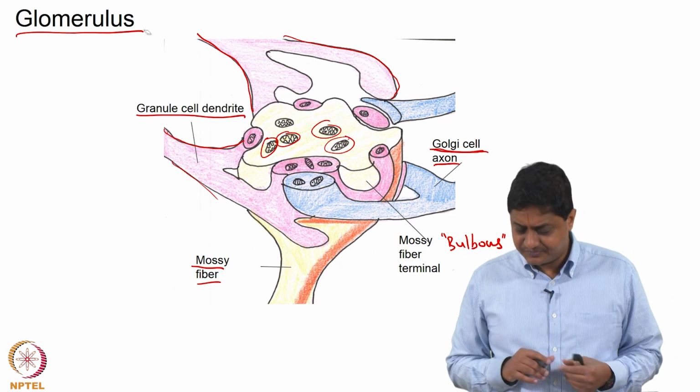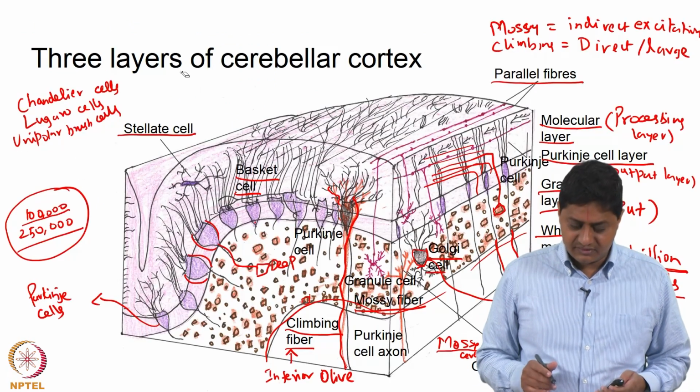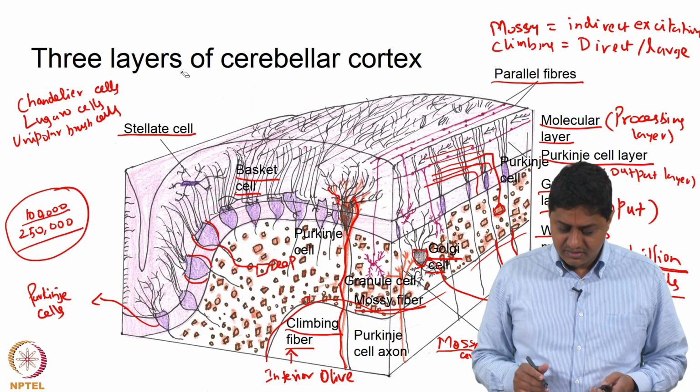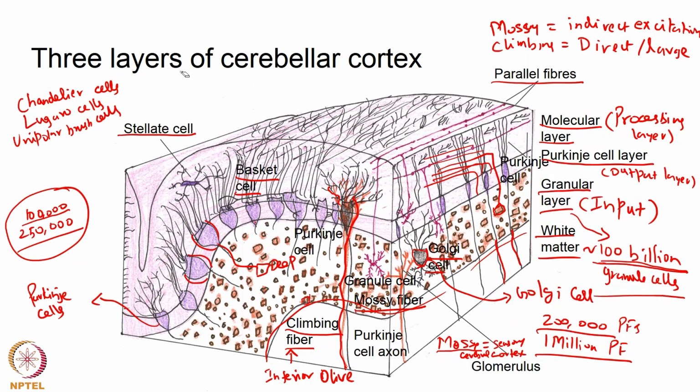Right. So, in summary, what we have seen is that the cerebellar cortex is composed of 3 layers. We said these are the molecular layer, Purkinje cell layer, and the granular cell layer, and we described the types of cells in each of these. The granular cell layer contains mainly the granule cells and some Golgi cells.